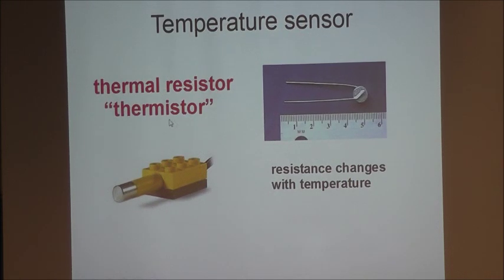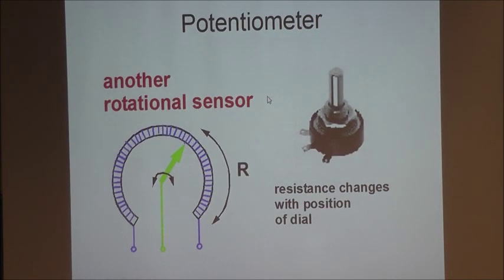The temperature sensor or thermostat that you see in many homes and rooms is a thermal resistor, and depending on how much heat you put on these two sides, you will have different readings proportional to the temperature. Potentiometer you already know. I've seen it a lot, typically looking like this, and depending on where you are moving along this winding, you have different voltages from here to one side or the other.